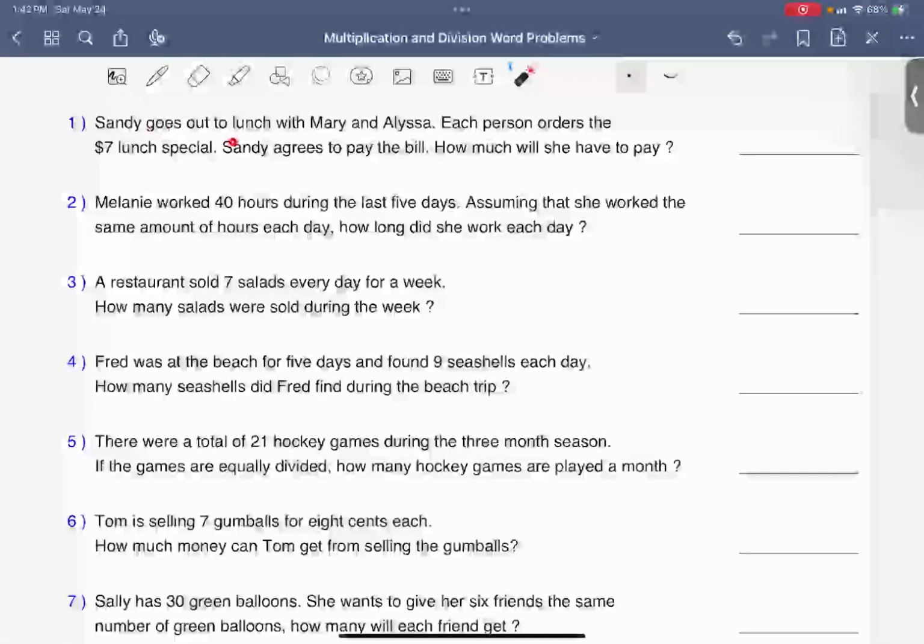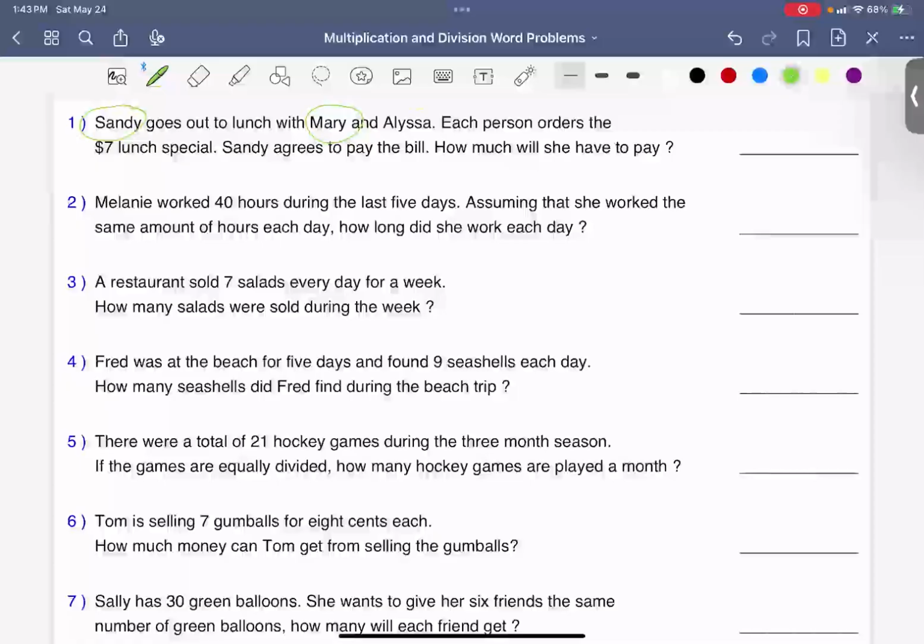Sandy goes out to lunch with Mary and Alyssa. Each person orders the $7 lunch special. Sandy agrees to pay the bill. How much will she have to pay? Well, I see that there are three people. There's Sandy, there's Mary, and Alyssa. And it says each person, the $7 lunch special.